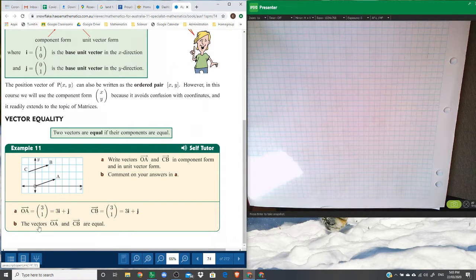So it's 3 and 1, which can be written as 3i plus j. That was CB. But OA is the same thing: 3 to the right and 1 up. So these vectors are actually equal because they have the same components. So OA and CB are equal.